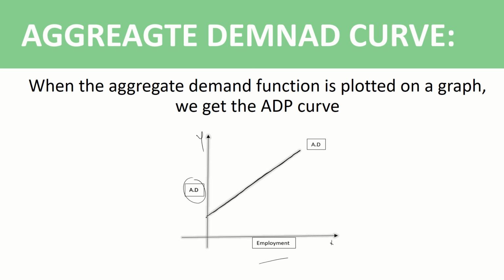Aggregate demand does not start from the origin. Why? Because only when you increase the labor force does the output start increasing. So that is why it starts from this point.